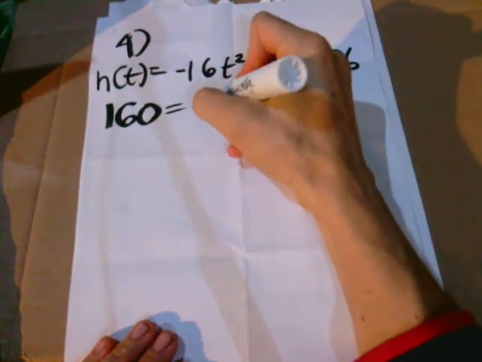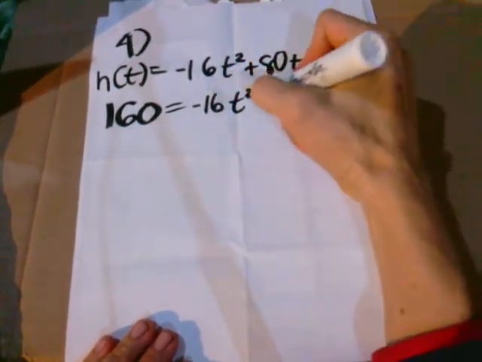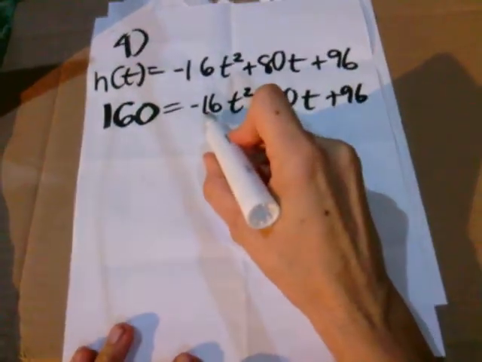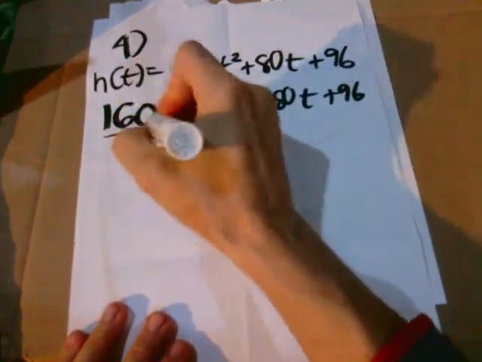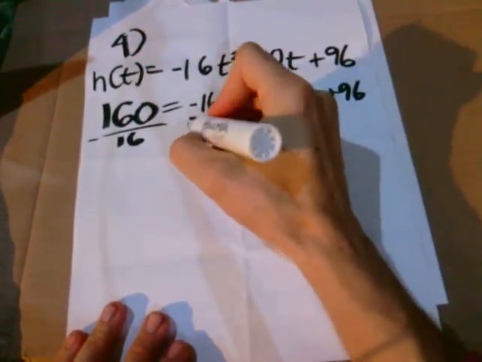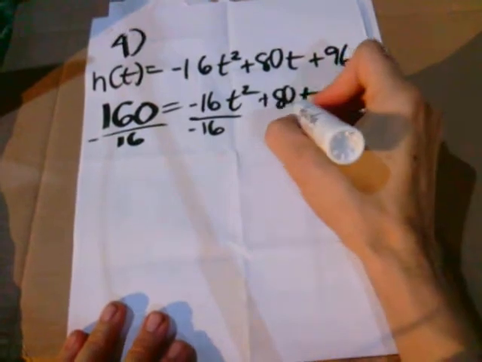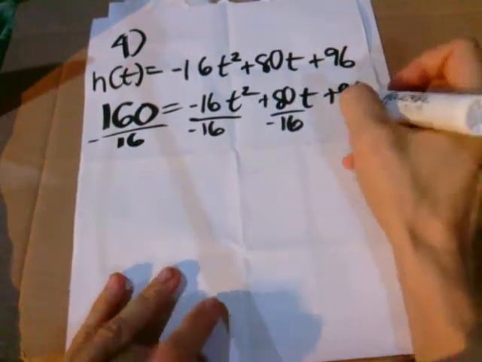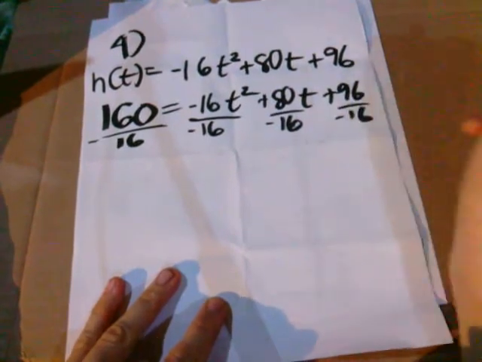So negative 16t squared plus 80t plus 96. Let's simplify this equation by dividing everything by negative 16.